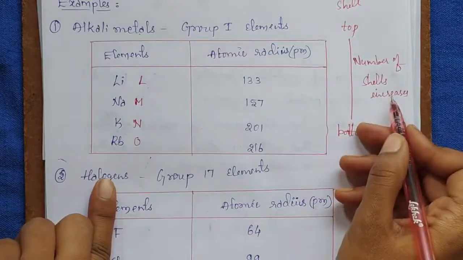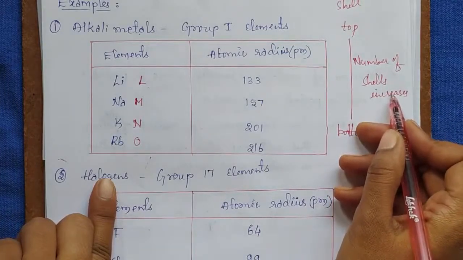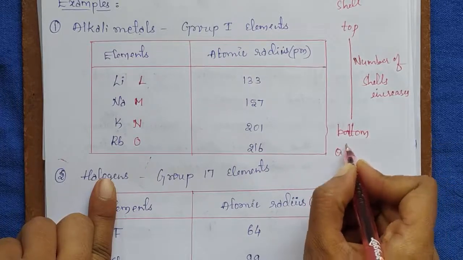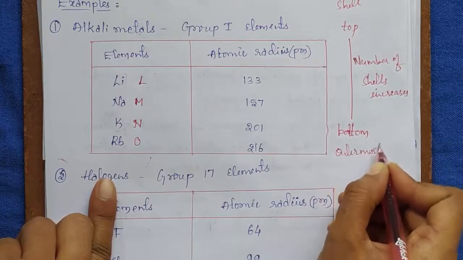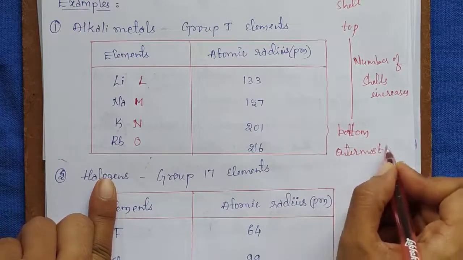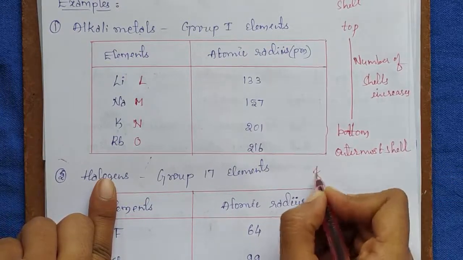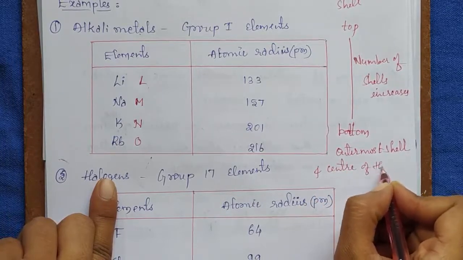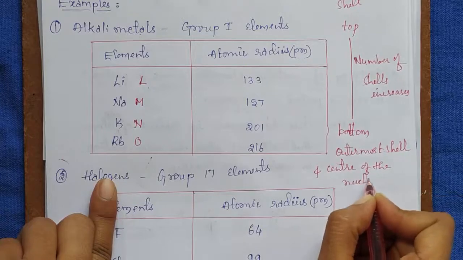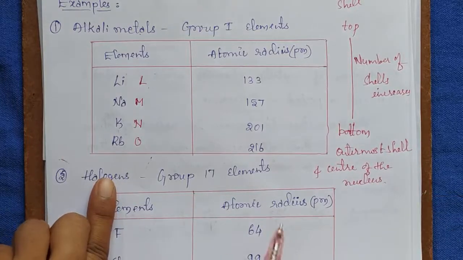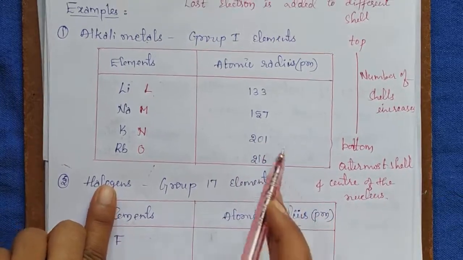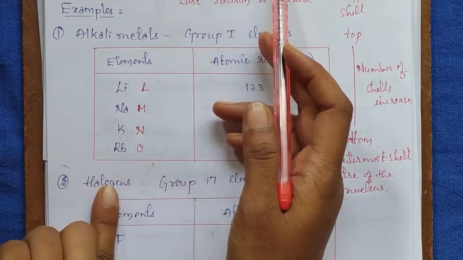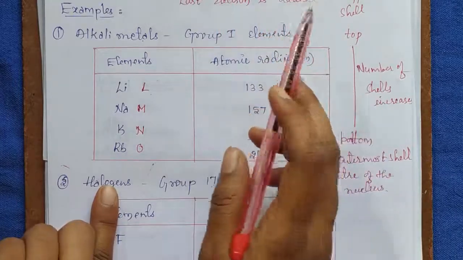As the number of shells increases, the distance between the outermost shell and the center of the nucleus increases. A question may arise: why do atomic radii increase down the group?